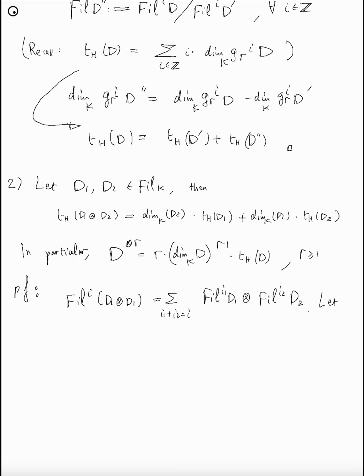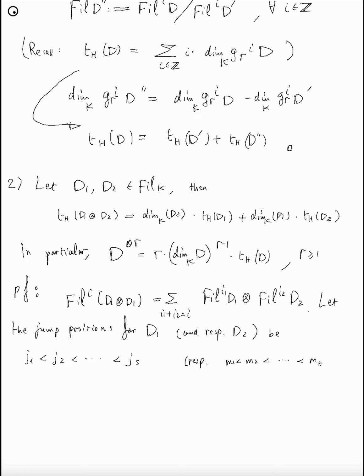And now suppose the jump positions of D1 and D2 to be J1, J2, up to JS, respectively M1, M2, up to MT. So what are the jump positions for the tensor product?